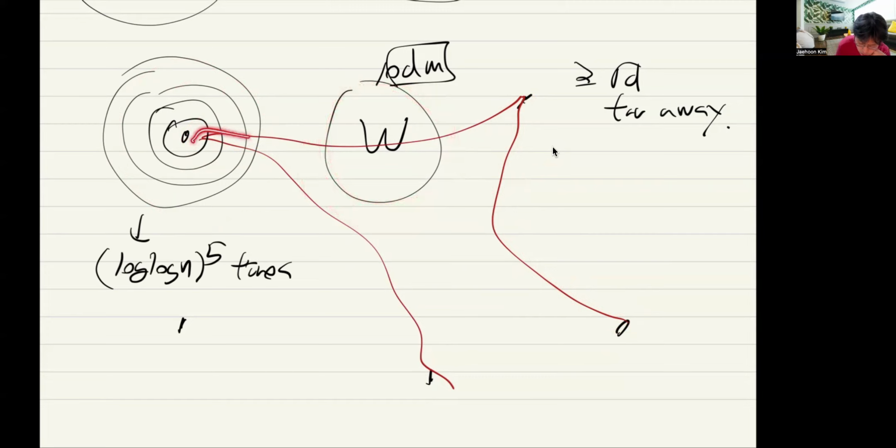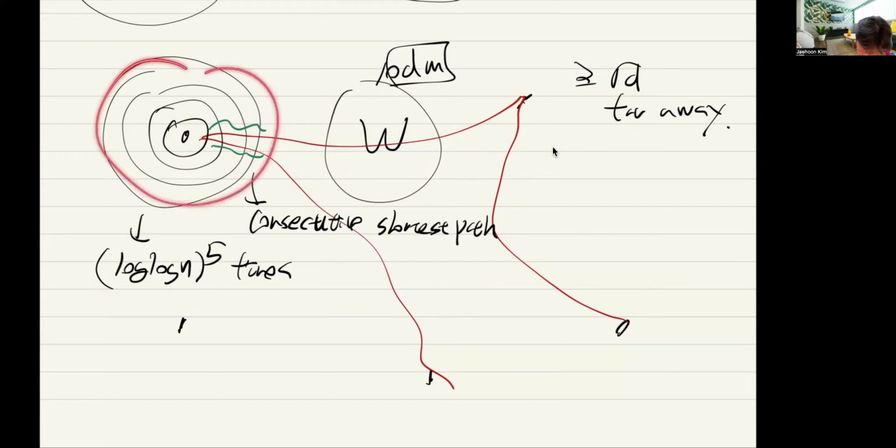You only have to avoid W in those paths incident with this vertex, and close until you expand this many times. Moreover, what you can show is that this beginning portion of these paths are something called consecutive shortest paths. Meaning that this first path is the shortest path between these two.